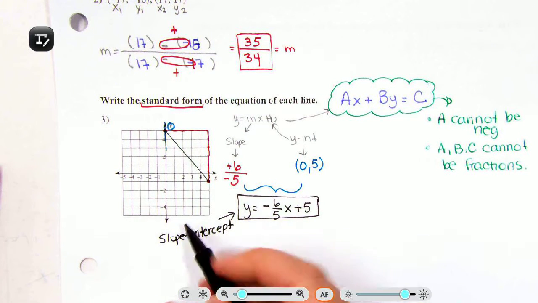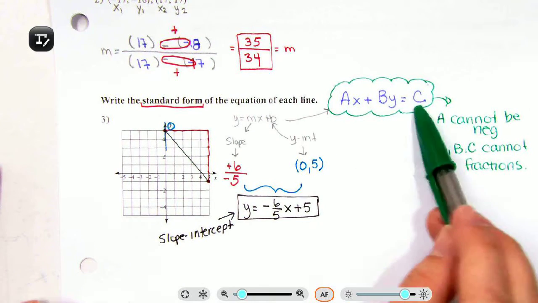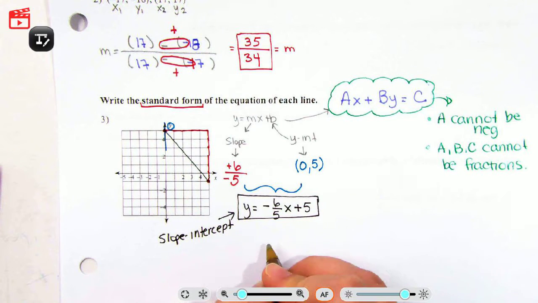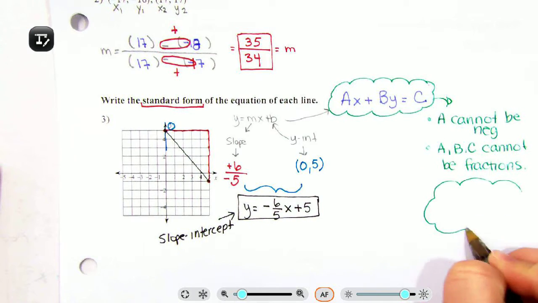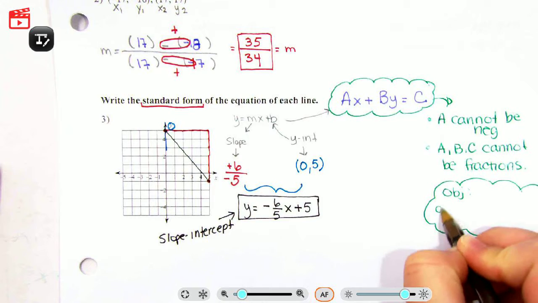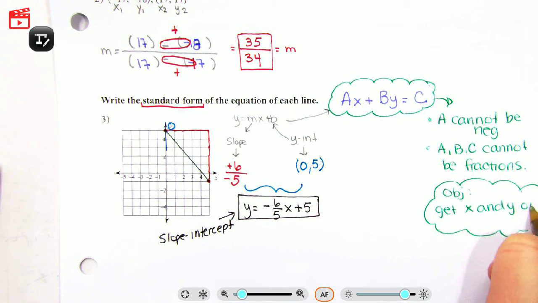Now, that's not what the question is asking us. The question is asking us for standard form. So it has to look like this. So we're going to shift things around. Our objective is to get x and y on the same side.